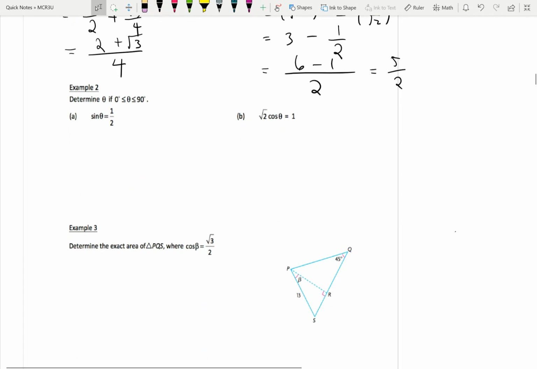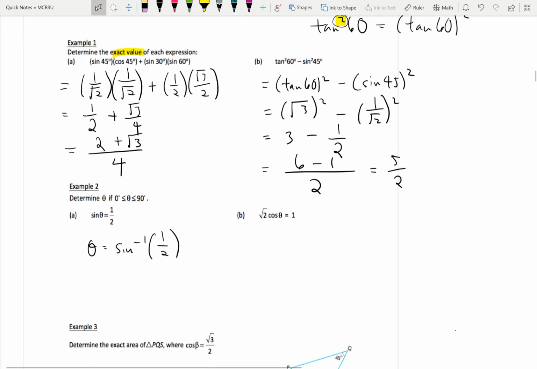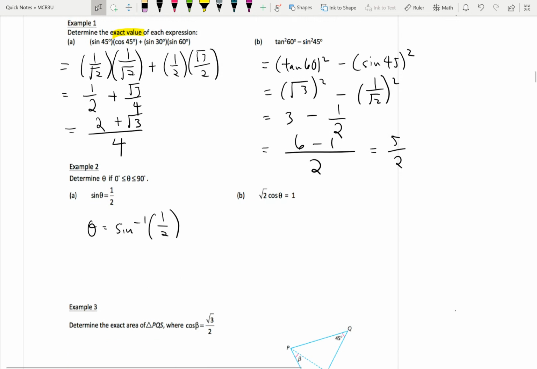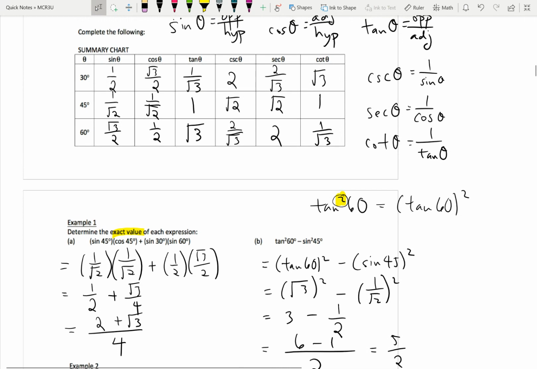Now, with example 2, the opposite is happening. So now they're giving you a ratio and you have to determine the angle. So let's pretend we don't have a calculator and we want to know what that angle is. We know that the angle is between 0 and 90 degrees. So let's look at our chart again and figure out which angle corresponds to a ratio of 1 over 2.